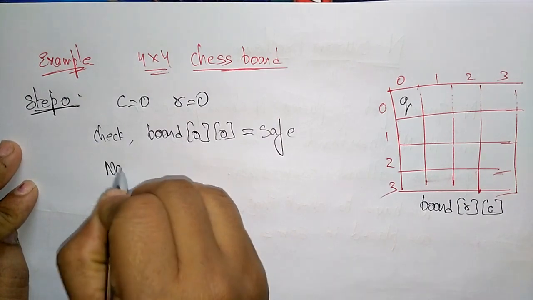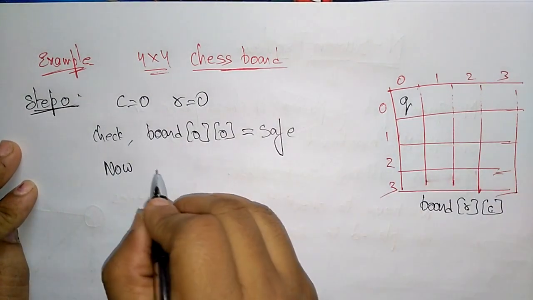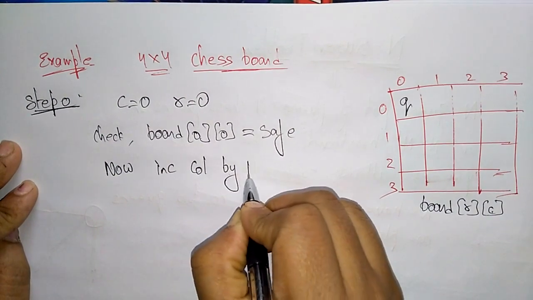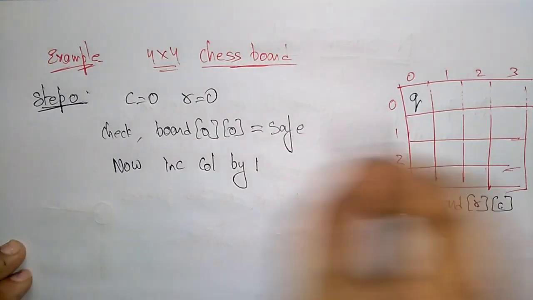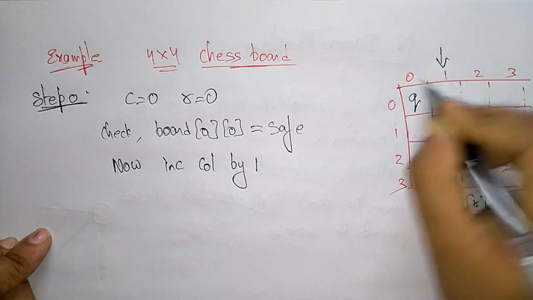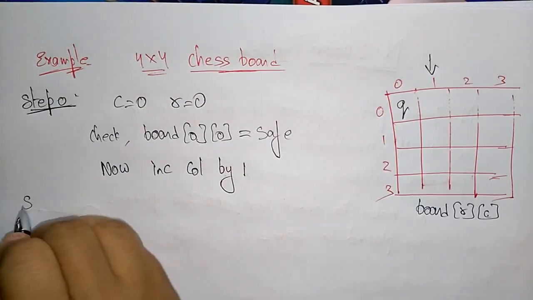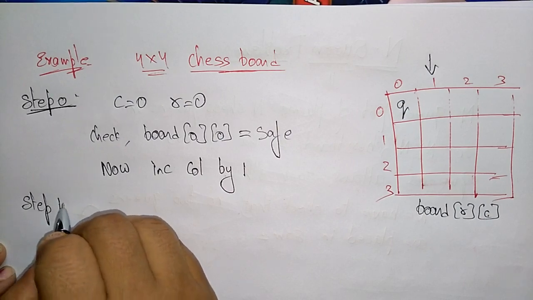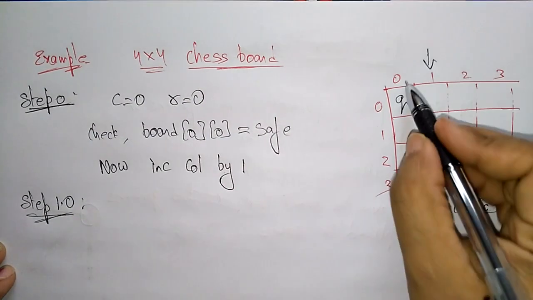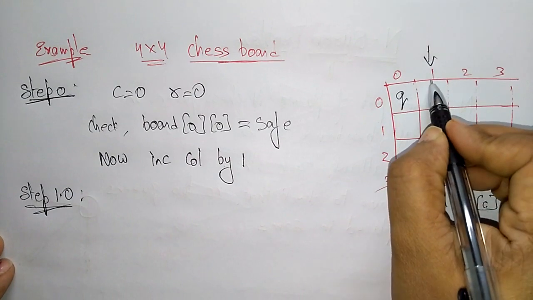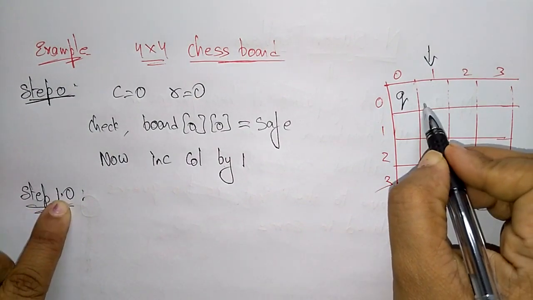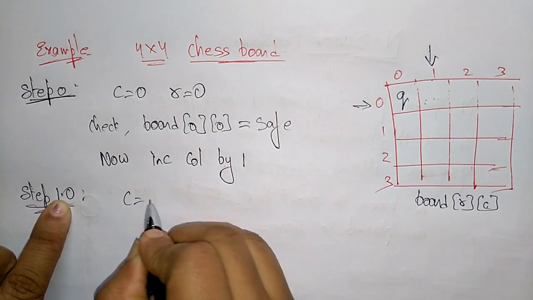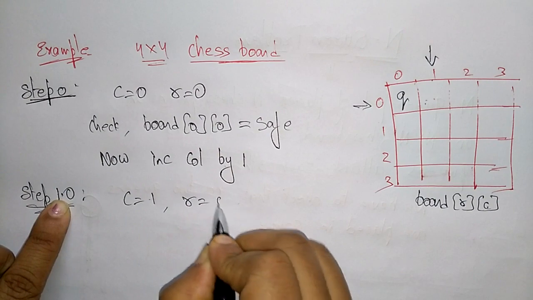Whenever you place the queen, increment the column by 1. Now I have incremented the column by 1. That is step 1. Check: column is equal to 1 and row is equal to 0.